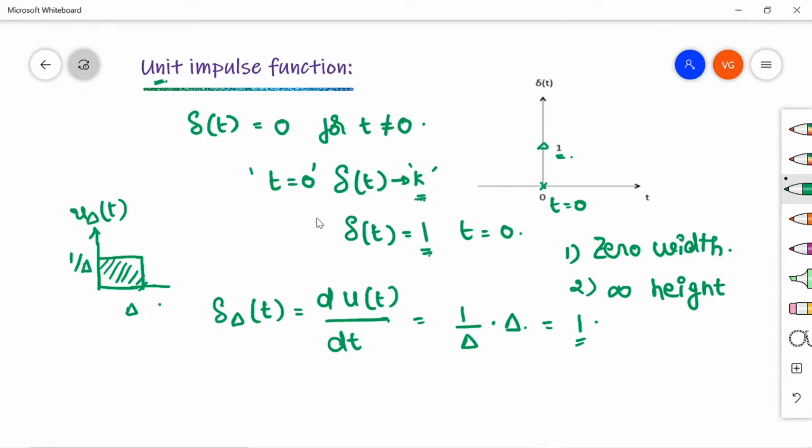That amplitude we don't know. As it is a unit impulse function, I am taking it as 1. And the third one is it has unit area and unit strength. So as the signal is extended only on y-axis, if you take the integration to find out the area, you will get only 1 here.